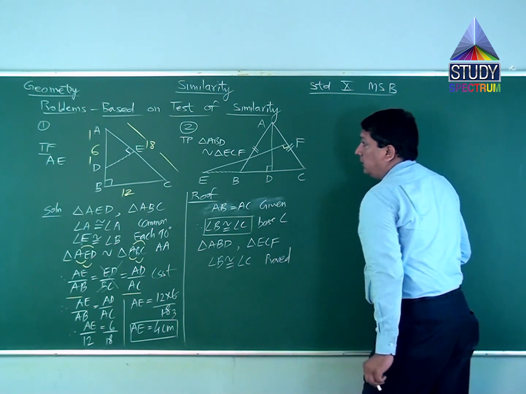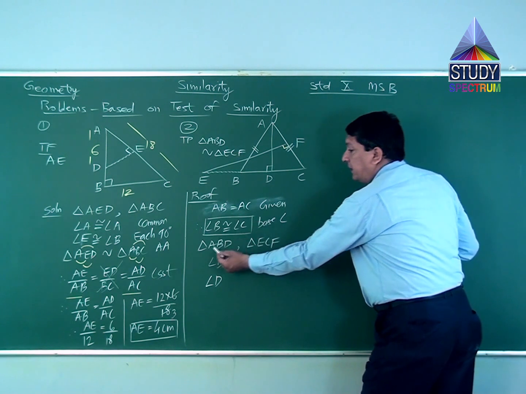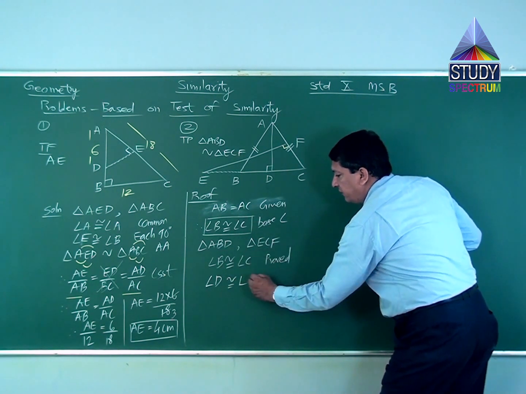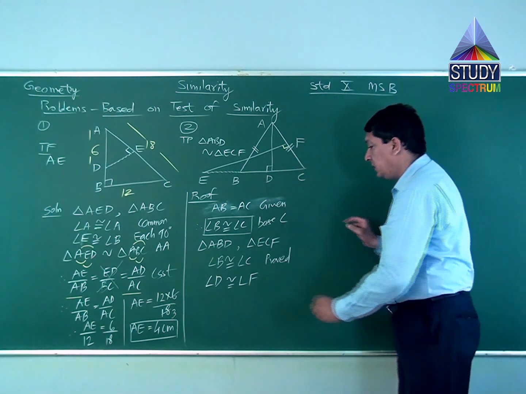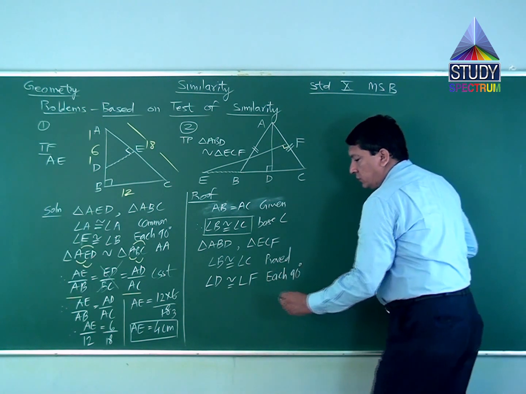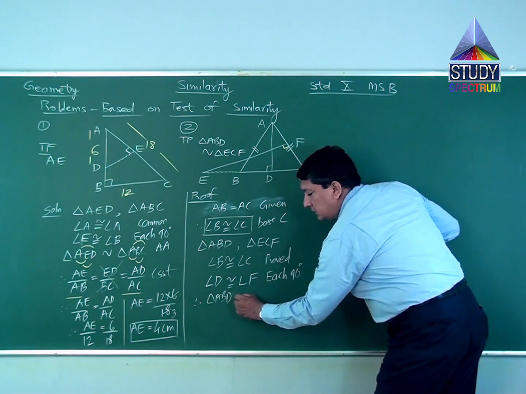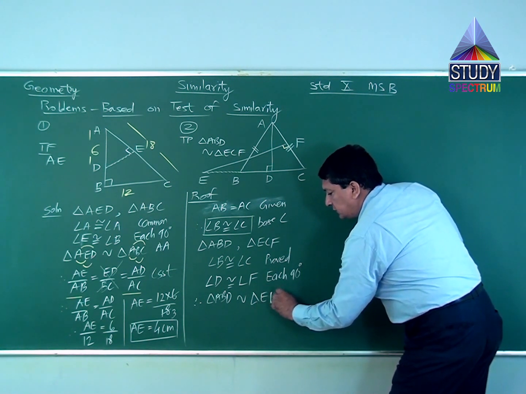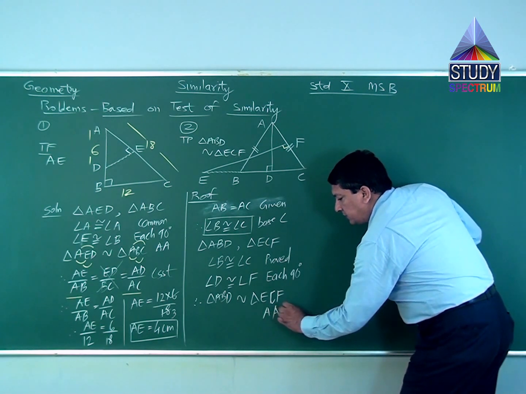Angle D of triangle ABD is congruent to angle F. This is known to us. D and F, both angles are 90 degree, each 90 degree. Therefore, the result is triangle ABD similar to triangle ECF. These two triangles are similar. The test is AA test of similarity.